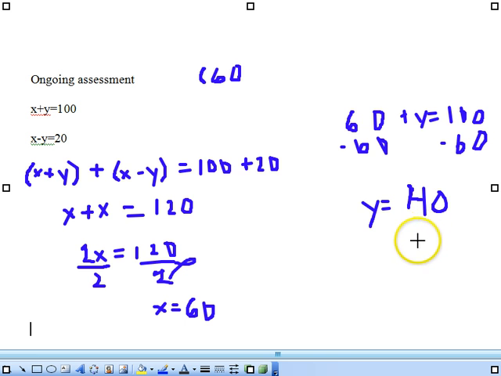And I know that looks like an H. Let me fix it. Okay, let's try to make that better. So y is equal to 40, and then you go up here and you put for your solution that for this system of equations, the solution is 60, 40.